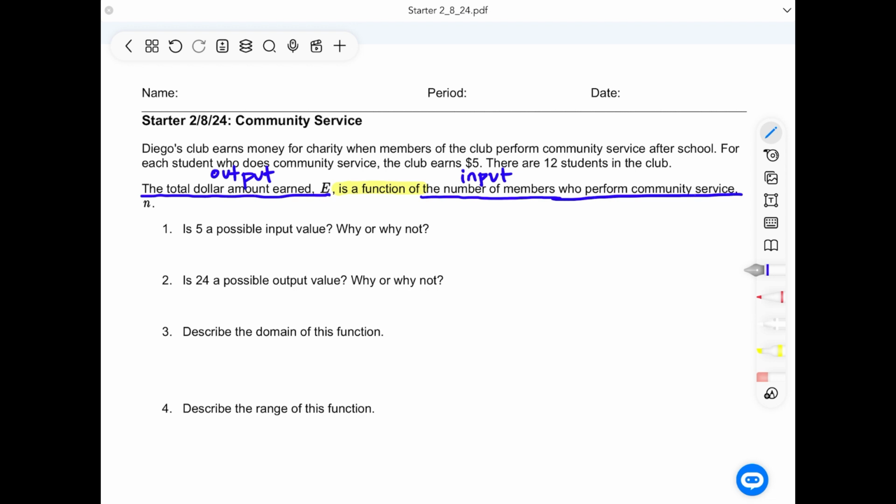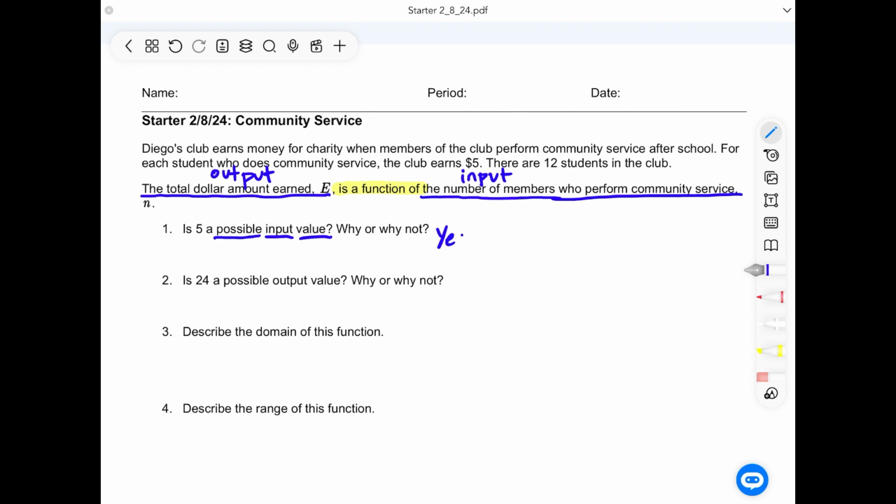So let's talk about a couple possible values as we're analyzing the domain and the range here. First question, is 5 a possible input value? Why or why not? So remember, input is the number of members who perform the community service. Well, there are 12 students in the club. Could 5 of the 12 students participate and perform community service?